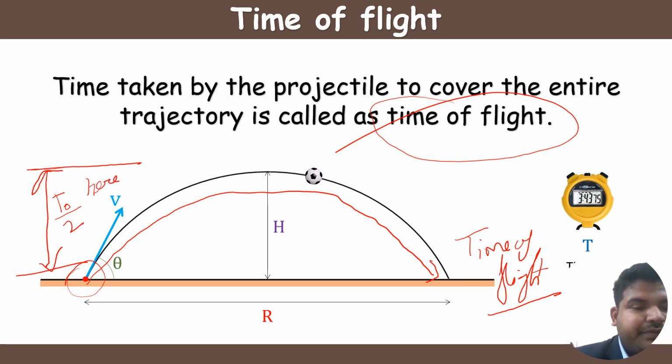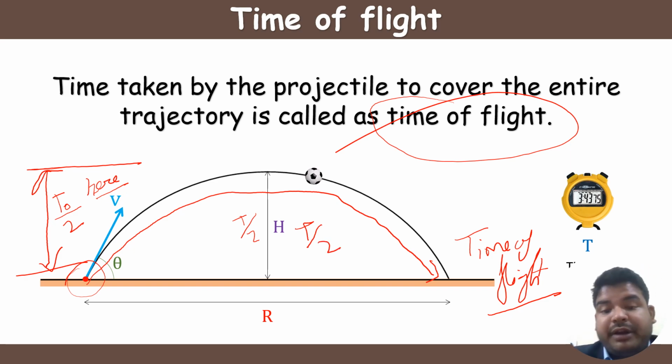The ball first goes to maximum, then from maximum to the minimum point. What will be the time taken to reach from 0 to its maximum value? It will be T by 2. And from maximum to minimum value, it is again T by 2. Then the total time of flight is T.